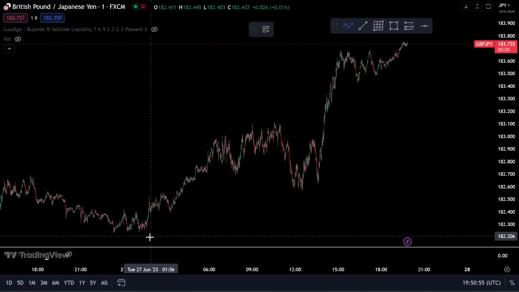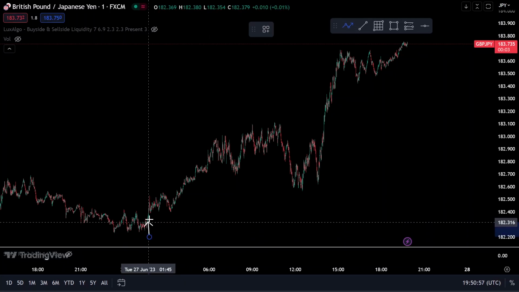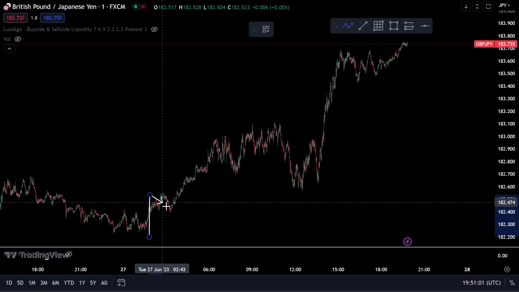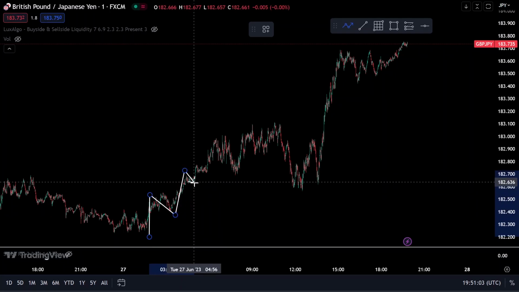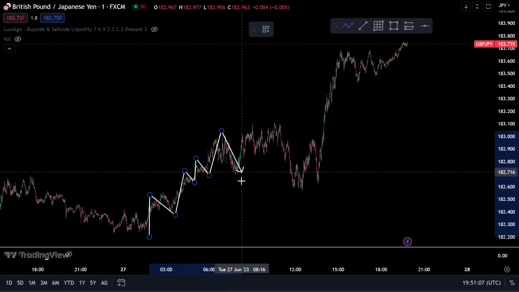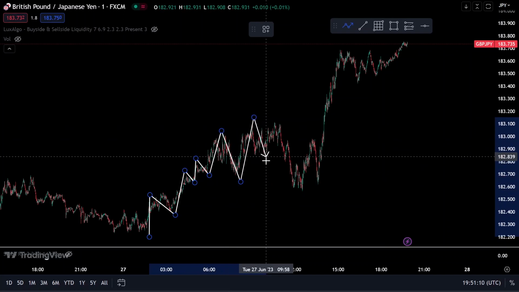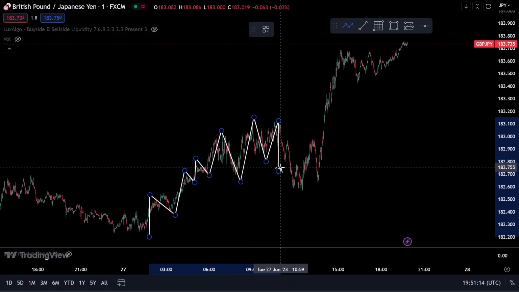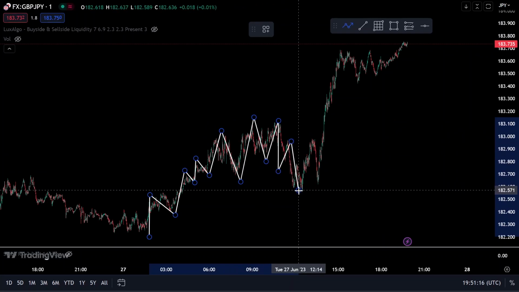You can see that the price of the market is making higher lows, higher highs, higher lows, higher highs, and so on.